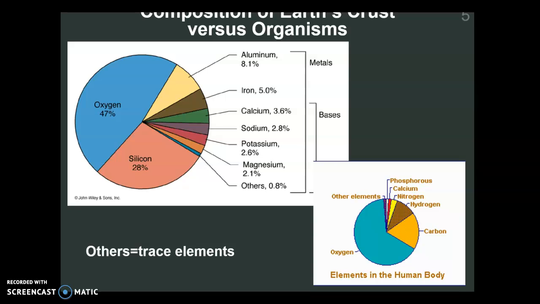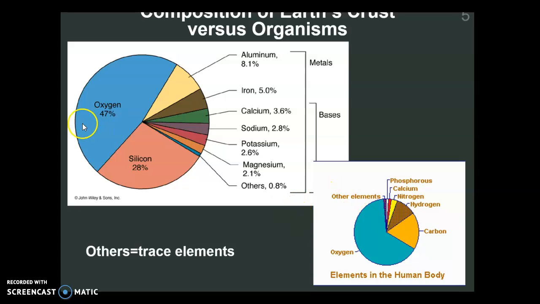When we look at the elements around us, we see differences in different substances, and these two pie charts show the relative composition of elements in the Earth's crust, in the upper left corner, versus the distribution and composition of the human body in the lower right.